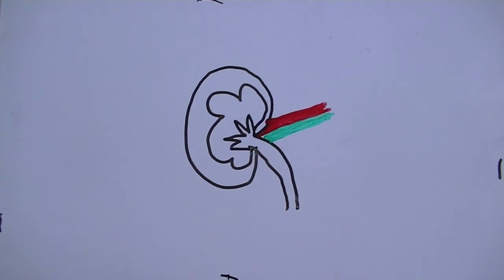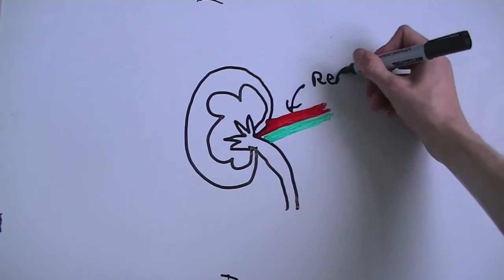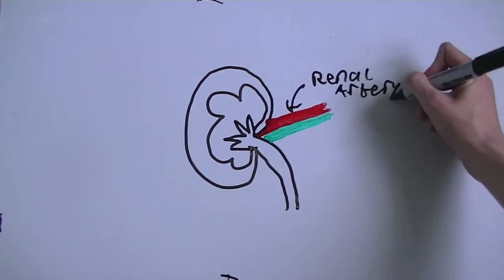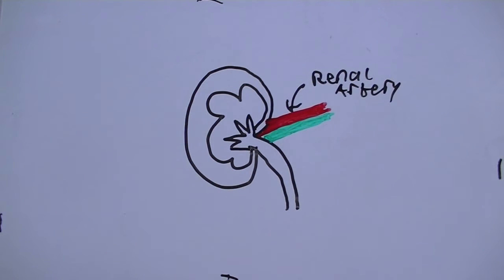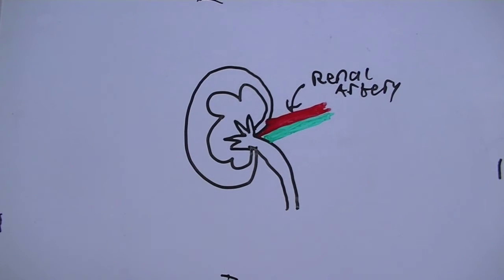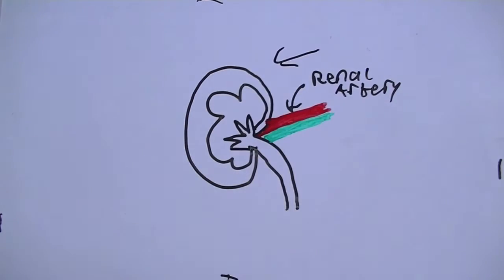Let me label that for you. Okay, and that carries all the substances that are about to be filtered into the kidney, so it carries them into the kidney, so it goes in this direction, yeah?